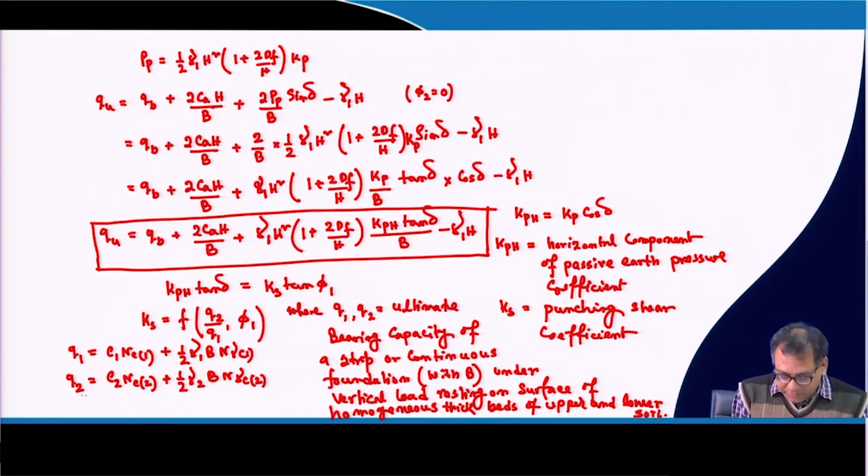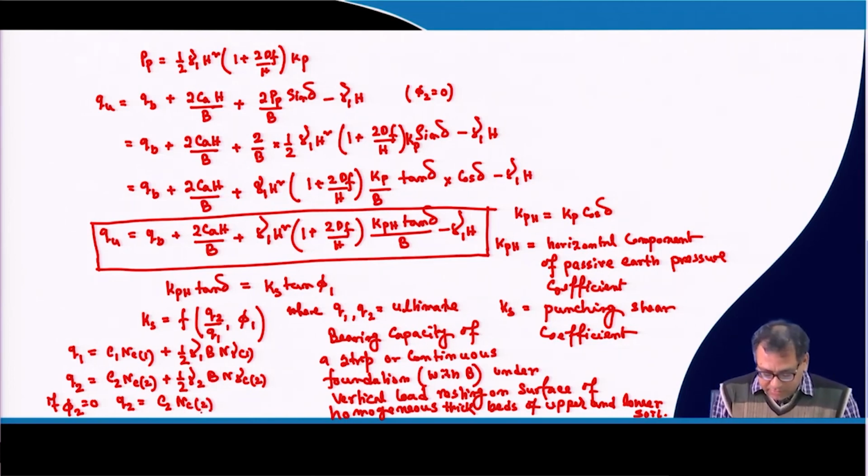Now, as I have considered phi 2 equal to 0, then automatically, if the second layer is clay, then Q2 will be simple: if phi 2 is equal to 0, then Q2 will be simply C2 Nc2.